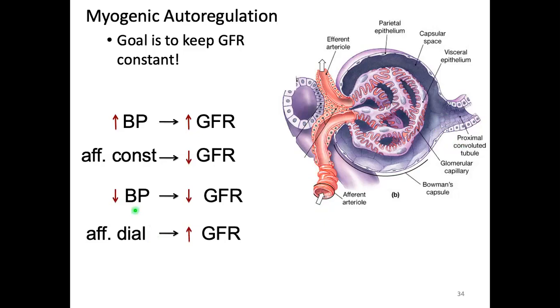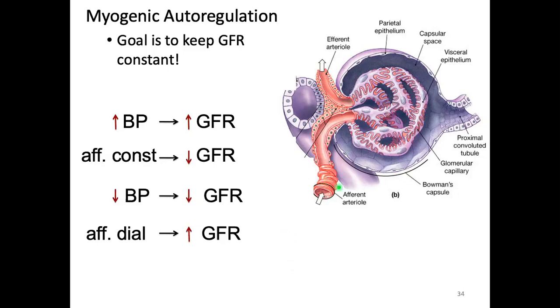If blood pressure is low, glomerular filtration rate is going to decrease, so your afferent arteriole is going to dilate, and glomerular filtration rate will go up, right? So if blood pressure is low, then glomerular filtration rate is slower, and that afferent arteriole is going to open up or dilate so that glomerular filtration rate goes faster. So that's your myogenic autoregulation.